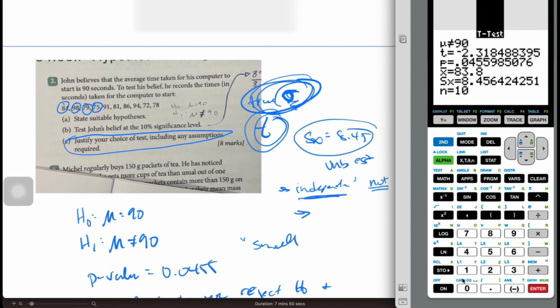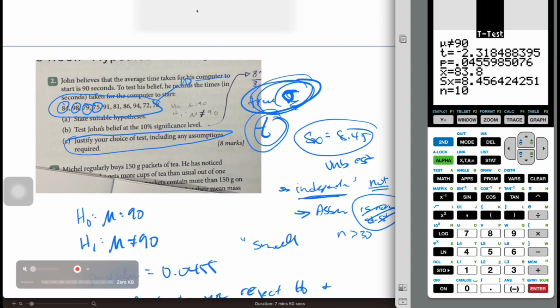The other one is that because our sample size is only 10, we have to assume that the time to open up his computer is a normal distribution. If the n would have been bigger than 30, then we wouldn't have to do this, but we have to assume it is a normal distribution. And there we go.